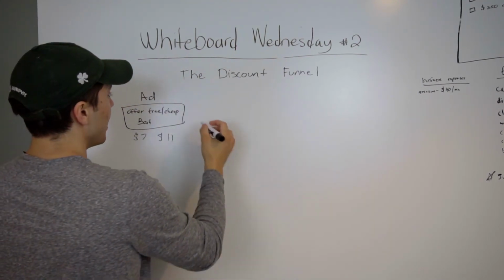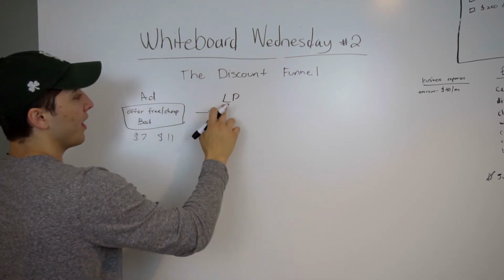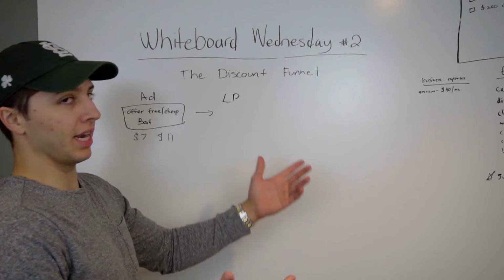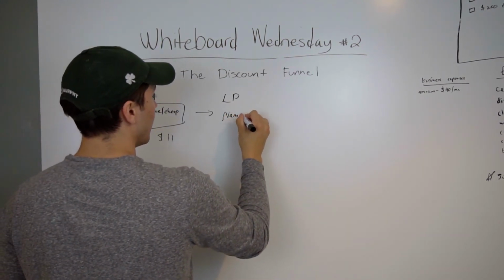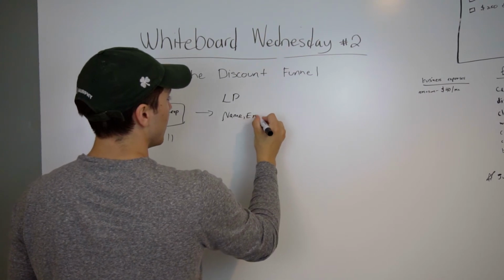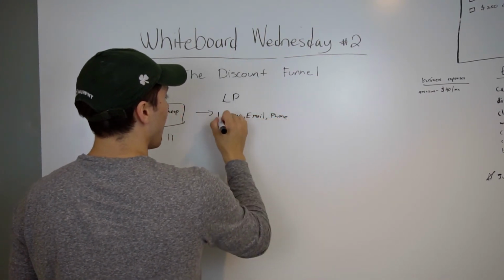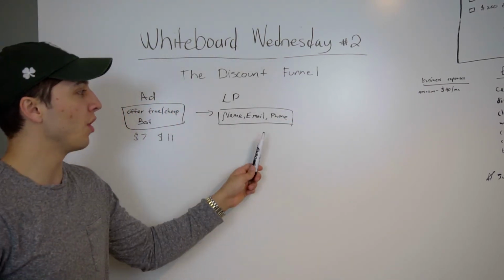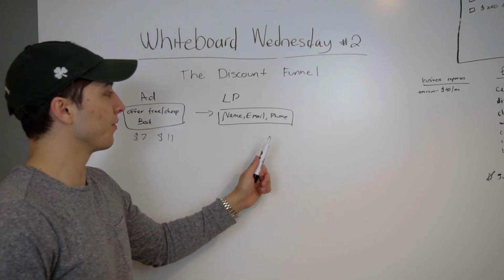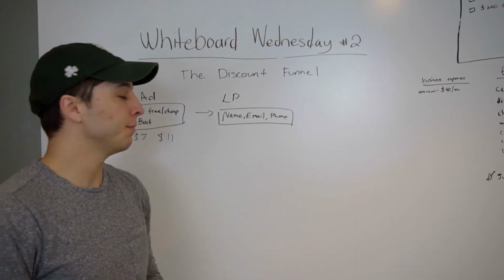So the next part is the landing page. I'm just going to abbreviate this LP, landing page. Easy enough. Here you're going to capture name, email, and phone number if you want. You don't have to, but if your client wants to get people on the phone to try to sell them or to set up some sort of appointment, phone number is obviously something they're going to want in that lead.